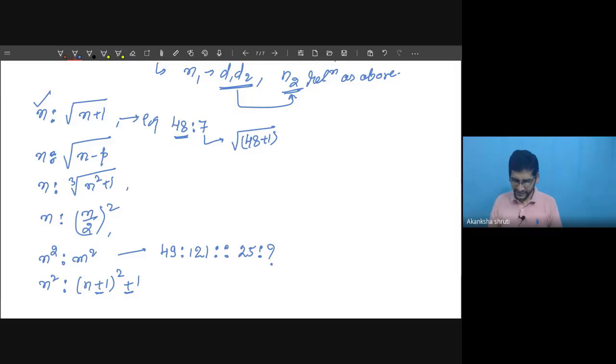Here we observe it is 7 square, here it is 11 square, and here it is 5 square. Now the difference between 7 and 5 is 4, so if we subtract this 4 from this 5, their square we shall take for the second number. So 1 square, it is 1. So if 1 is given as an option, that is the correct one.